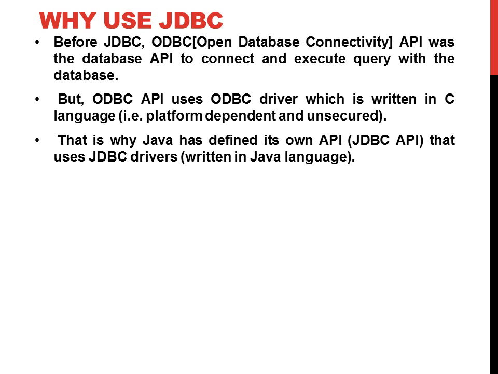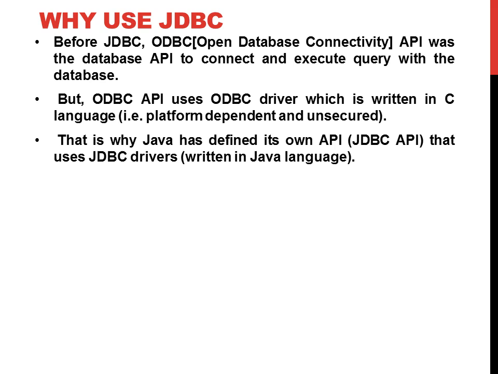Then why JDBC? Before JDBC, the Open Database Connectivity API, or ODBC API, was the database API to connect and execute queries, but it was written in the C programming language and it was platform dependent and unsecured. So Java defined its own API, the JDBC API. It uses JDBC drivers.